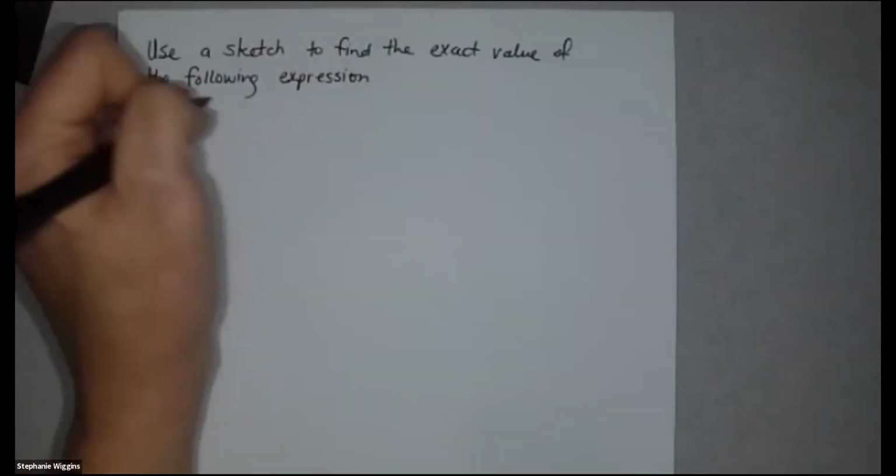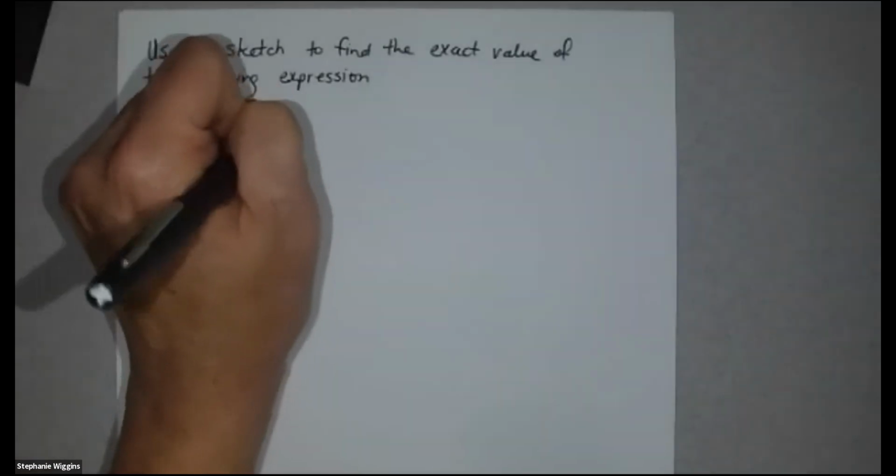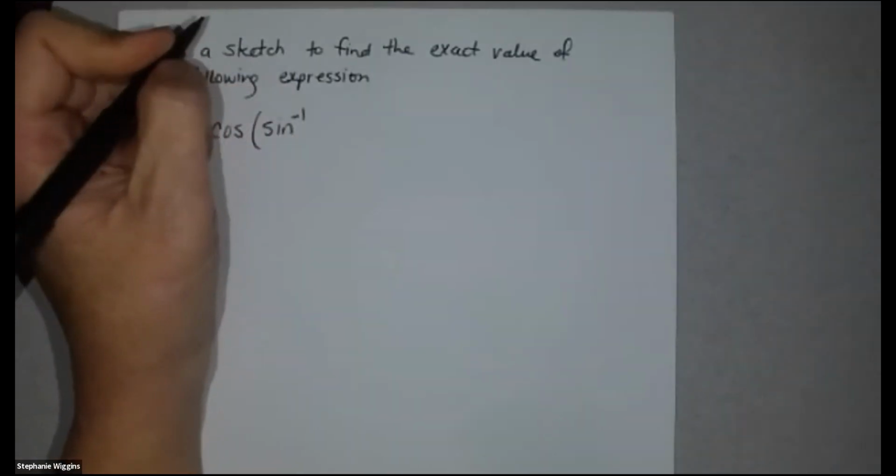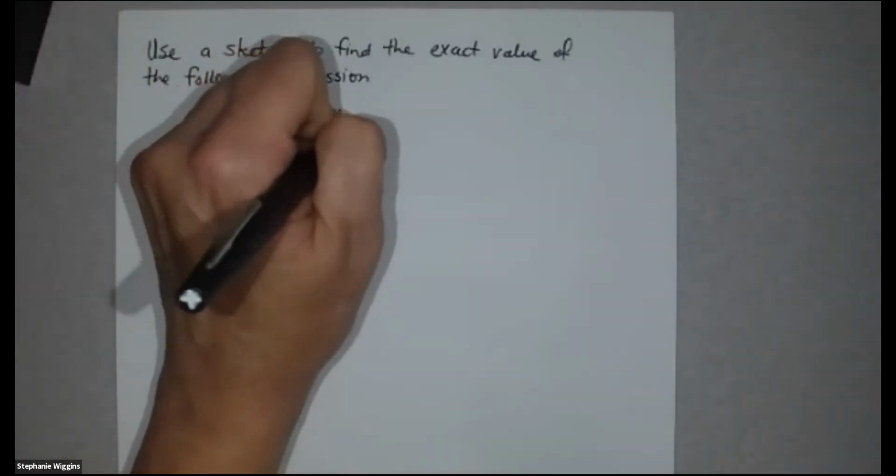All right, we have cosine of sine inverse of 21 over 29.